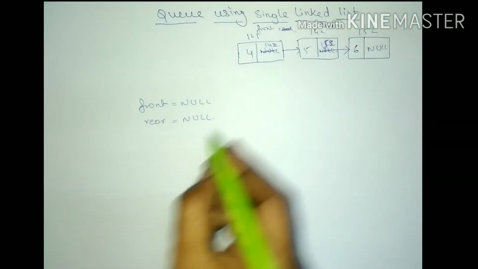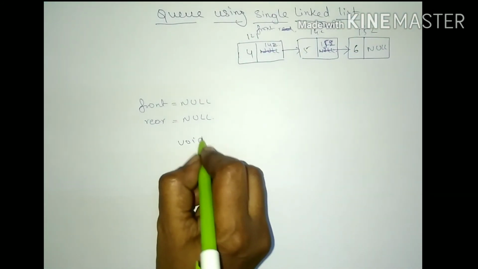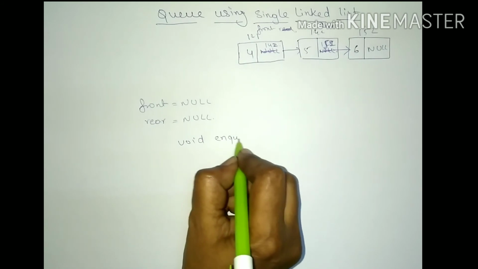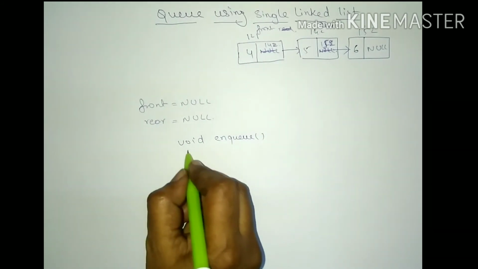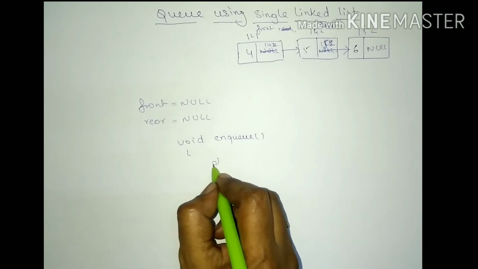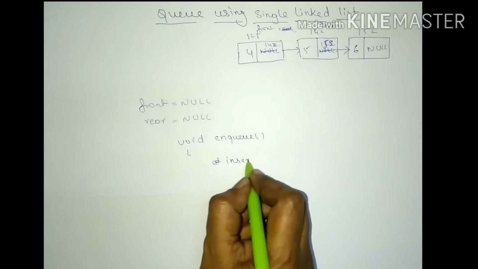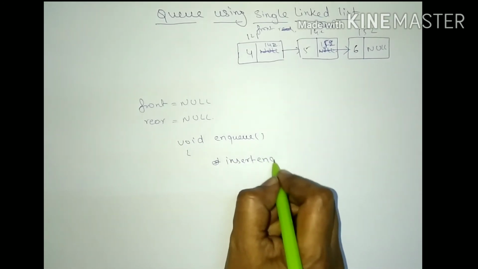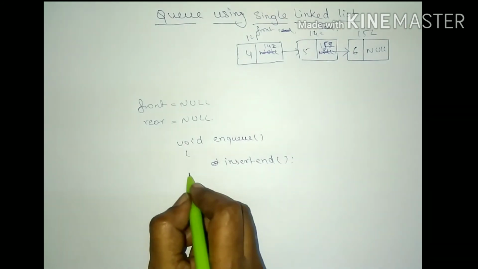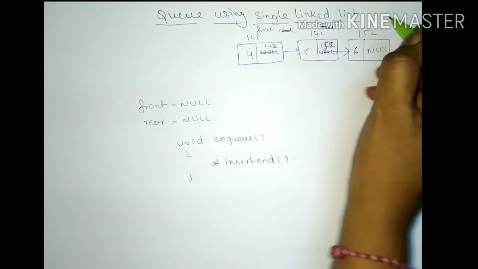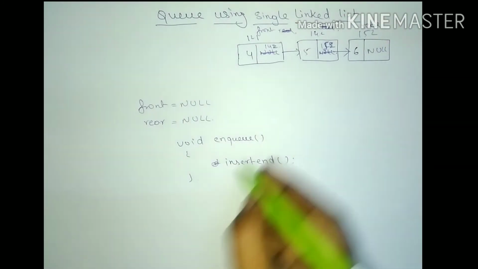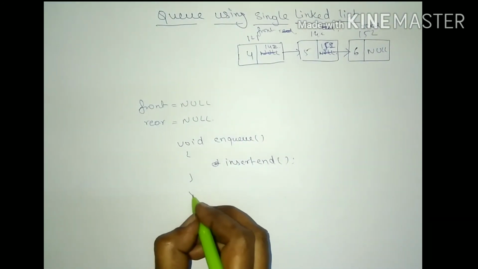So for enqueue, we have to write the code for insert end. Rear will be pointing to the last node and front will be pointing to the first node.